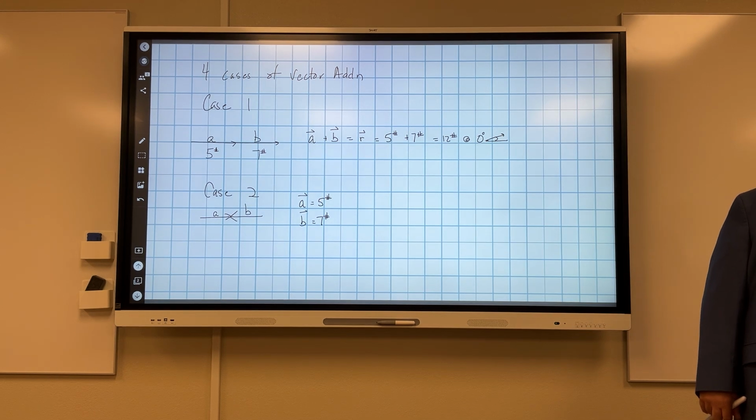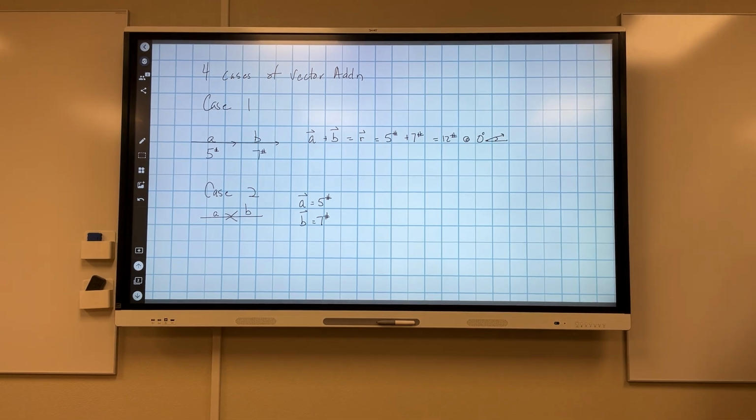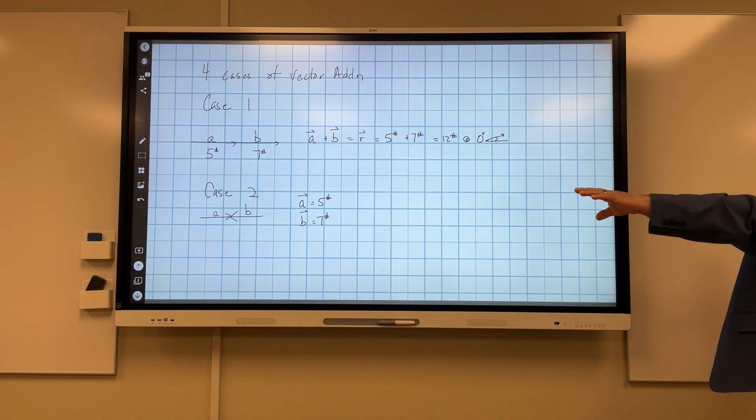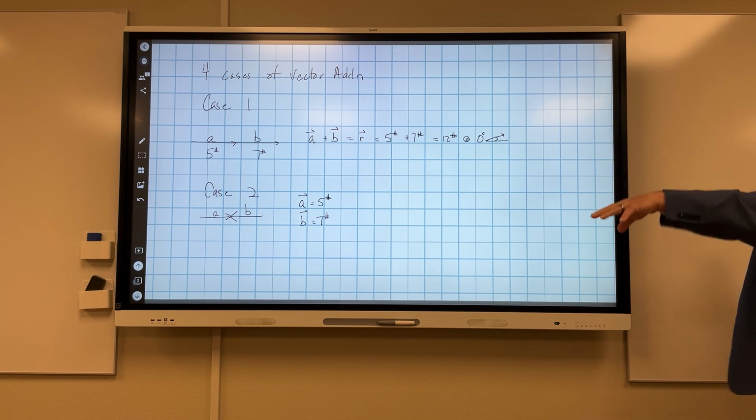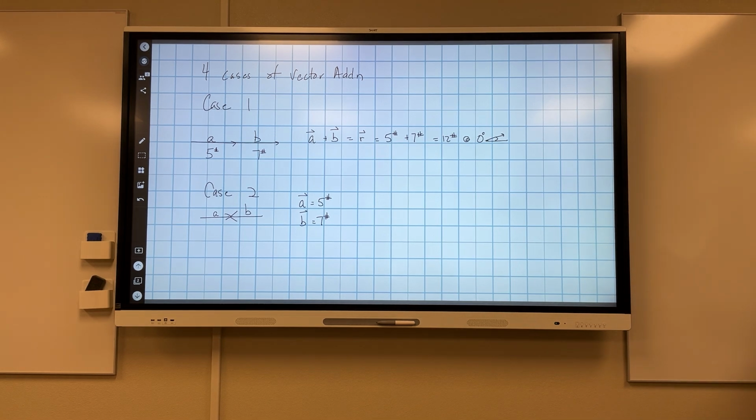Because it's moving in the opposite direction. This is moving in an opposite direction, which means what? Or how do we determine that we need a negative sign? If we're looking at the XY coordinate system, this side of the origin is a positive value. That side of the origin is a negative value. So it forces it to have a negative sign.